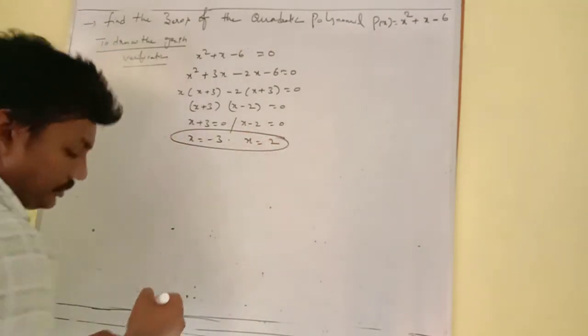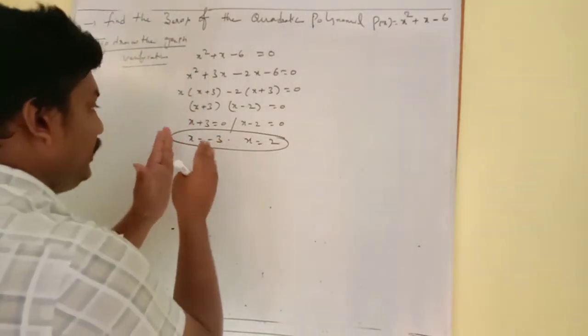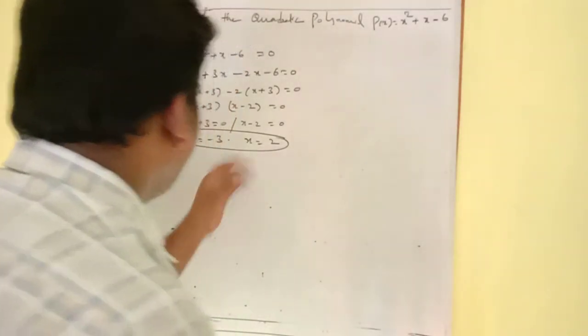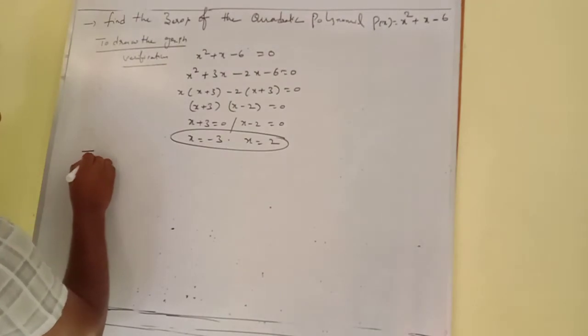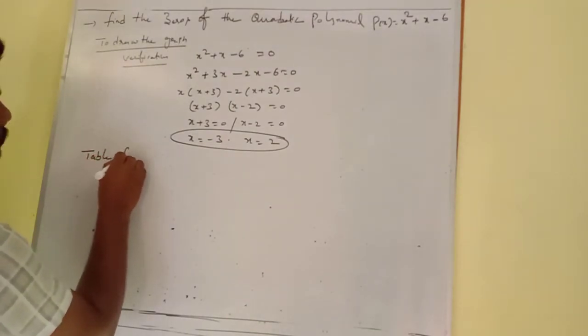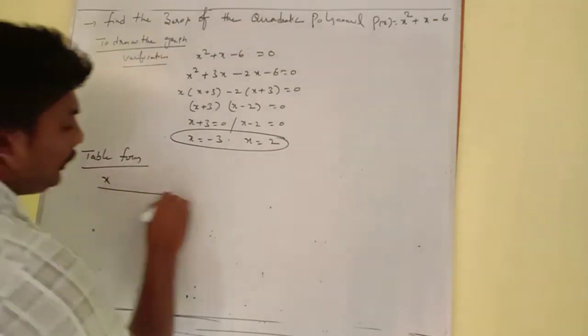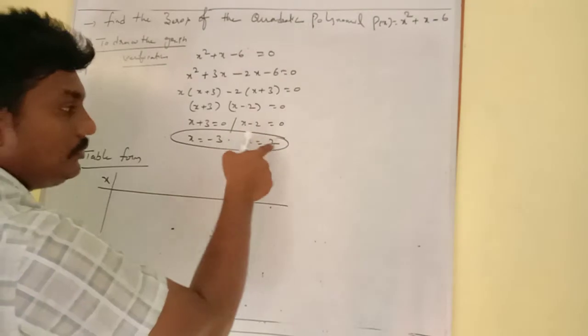These are the zeros. Now the zeros are spread from minus 3 to plus 2, so we are going to consider a tabular form. The x values we are going to consider in a table, from minus 3 to plus 2.